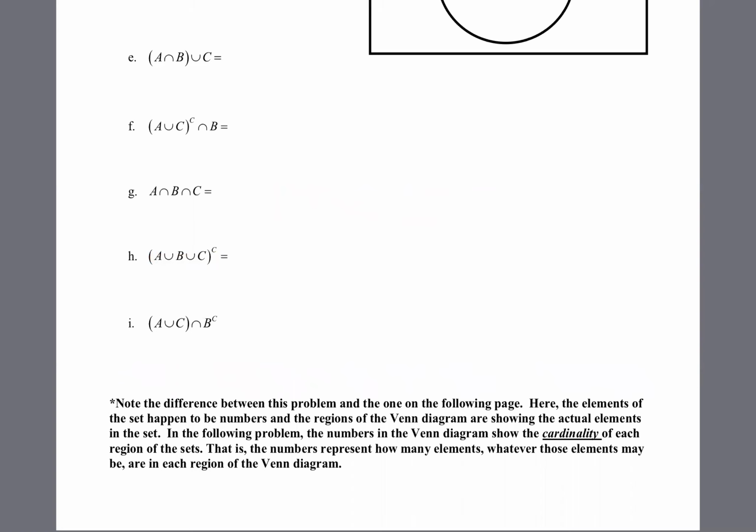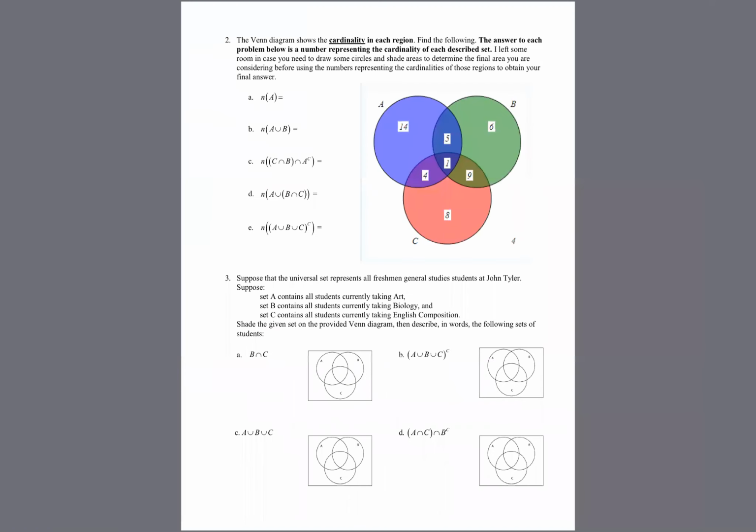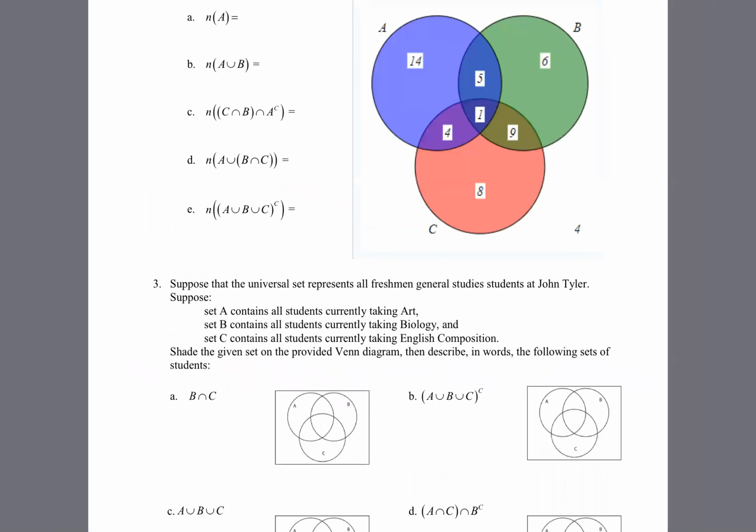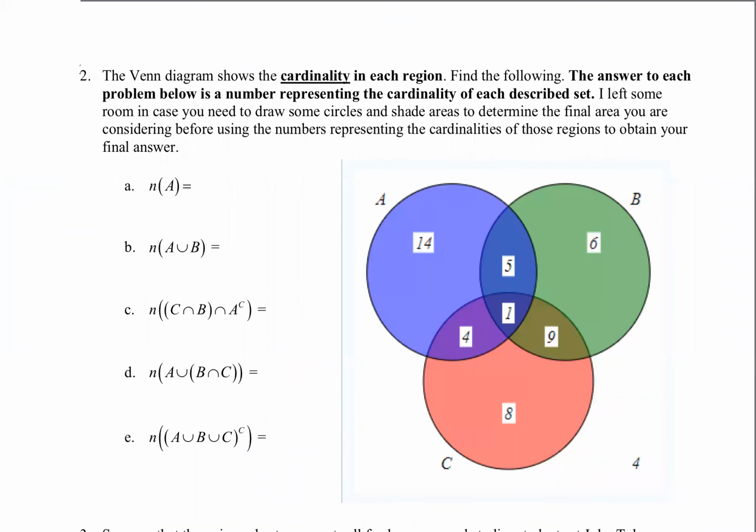Okay, so then you also talked about what cardinality is. It's the number of elements in some set, and it's no longer listing the set, it's the number of elements in that set or region.